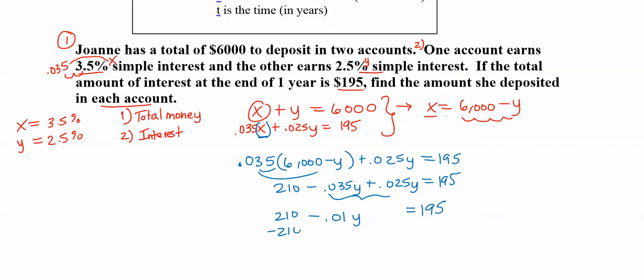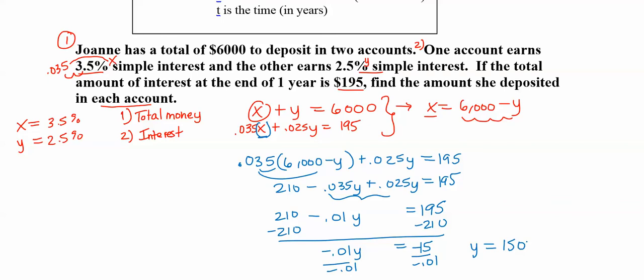Now we want to subtract 210 from both sides to get the y alone. So negative 0.01y equals 195 minus 210, which is negative 15. Divide both sides by negative 0.01. So negative 15 divided by negative 0.01 is equal to 1,500.